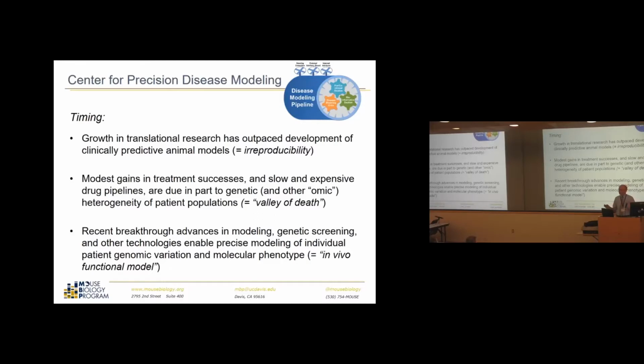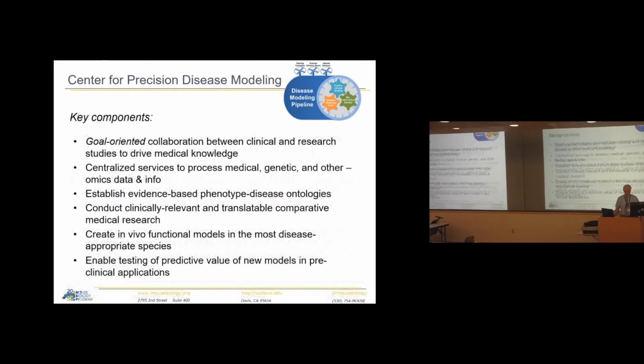So this is this valley of death we're trying to overcome. And then finally, there's really a lot of breakthrough advances technically in doing genome sequencing and also in manipulating the genome and phenotyping. And this is where we're able to achieve the in vivo functional model in a high throughput, low cost manner.